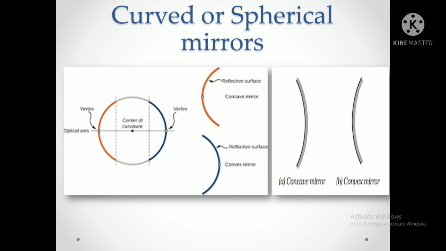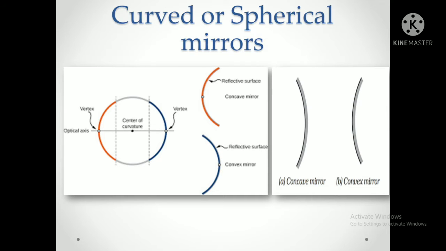Two surfaces we got. One side, the red color, can you see? In the red color, the inside will be the reflective surface. From there, reflection will happen. And on the other side, the blue curve, you will see the outer position will be the reflective surface.